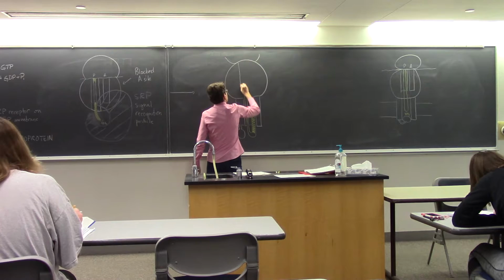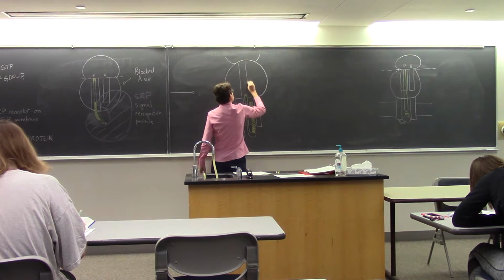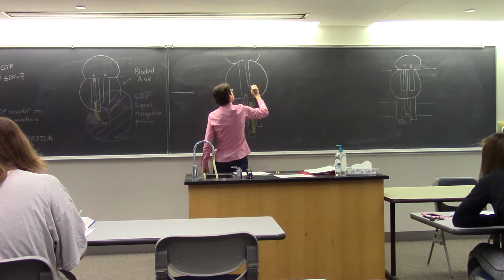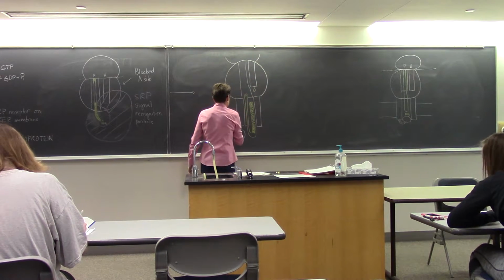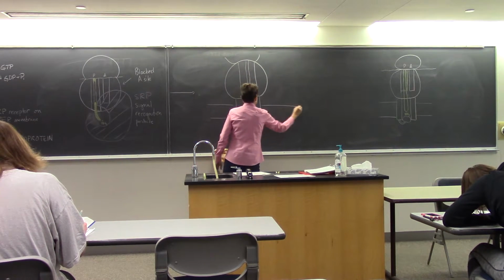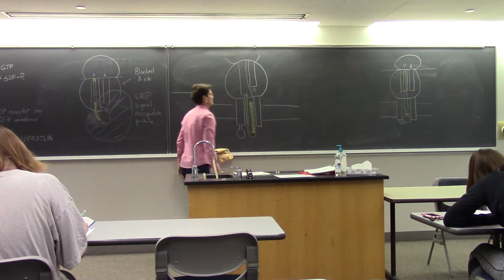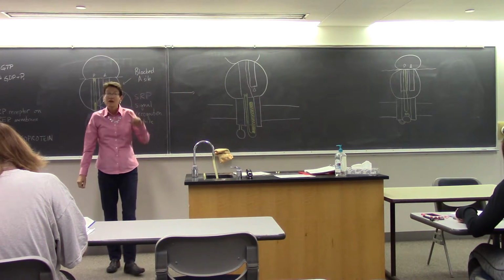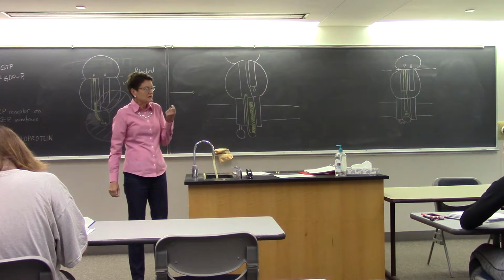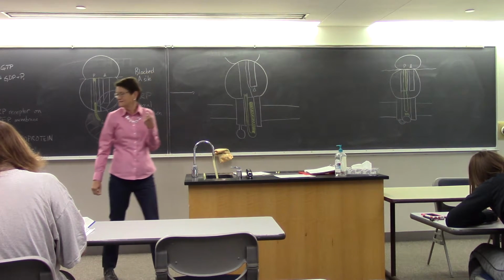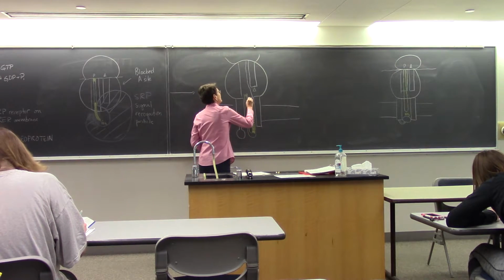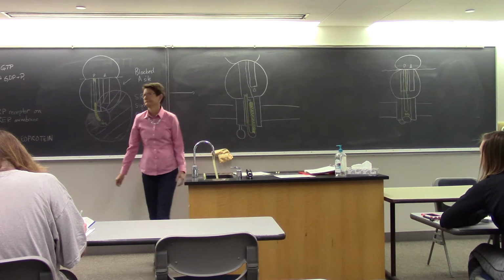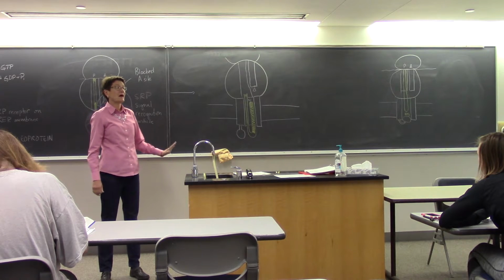The P site channel is continuous with the translocon channel. Isn't that weird? So the signal sequence kind of flips in the translocon channel so that the N-terminus is up here. How that happens, I don't know.